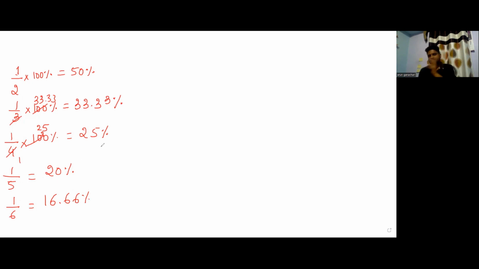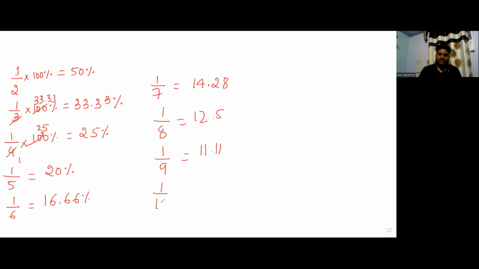If you have 1 by 6, the answer will be 16.66. 1 by 7 in percentage is 14.28. 1 by 8 is 12.5. 1 by 9 is 11.11. 1 by 10 is 10%.